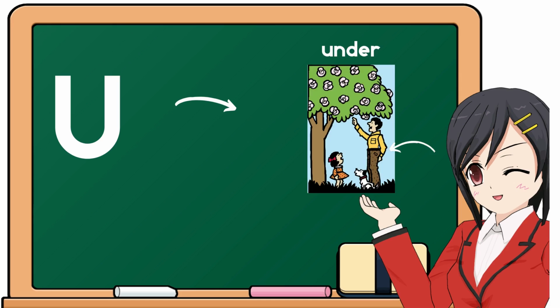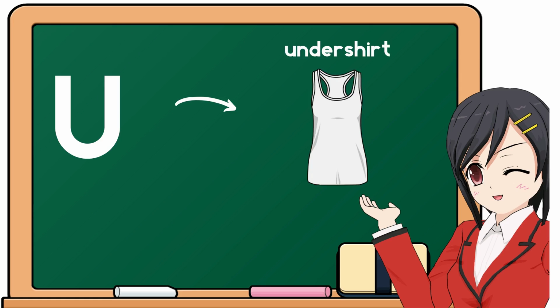U is for under. The man, the girl, and the dogs are under the tree. Under. U is for undershirt.